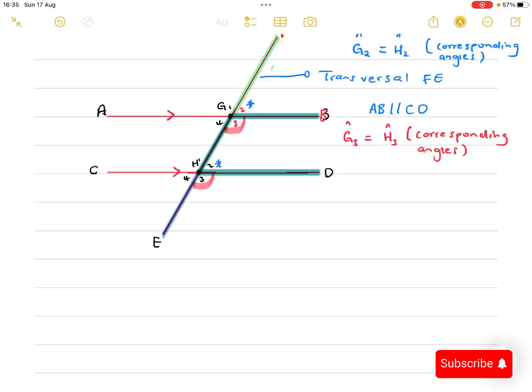Here's my highlighter. So here's a transversal that I'm referring to. Here's a line that is parallel, and here's another line that is parallel.